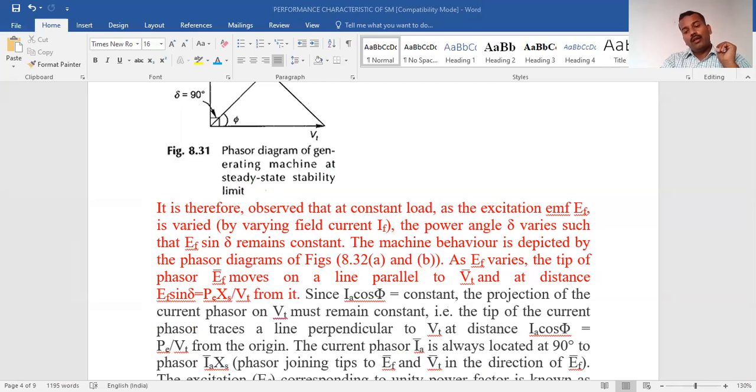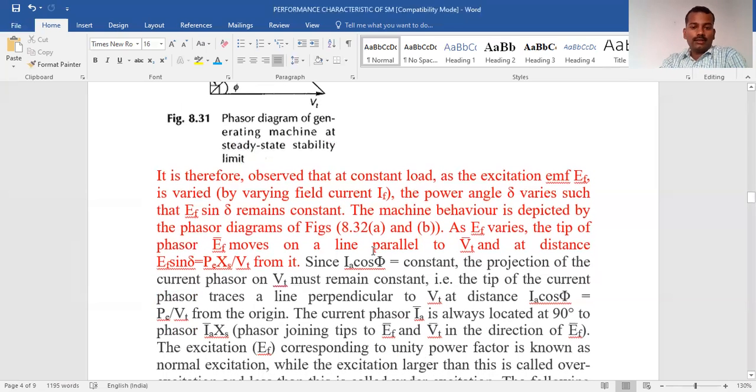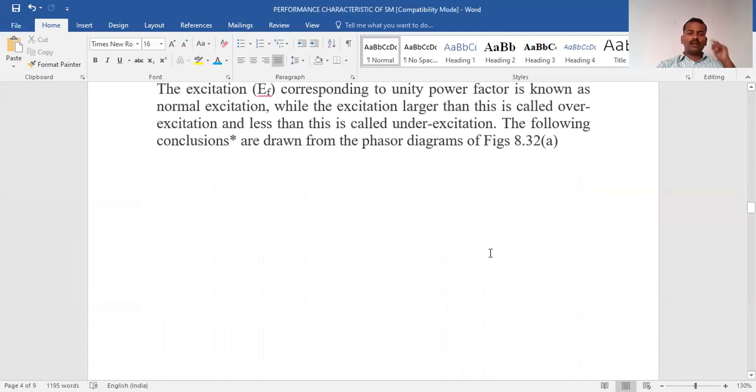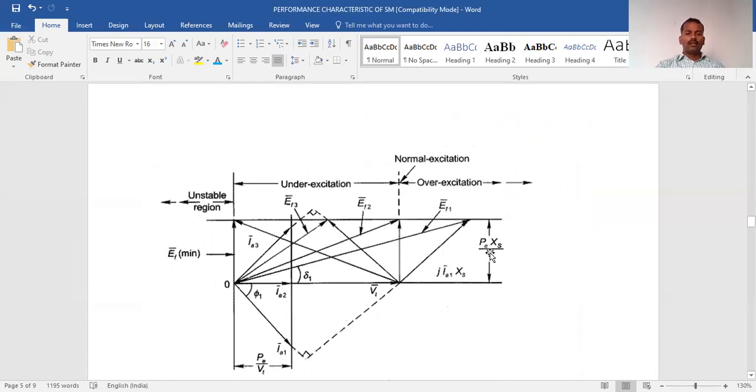Okay, the same lines are stated here. The machine behavior is depicted by the phasor diagram. Machine behavior means whether it's working on leading or lagging power factor. As EF varies, the tip of the phasor EF moves on a line parallel to the V axis.